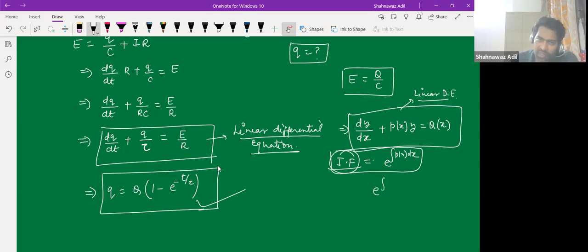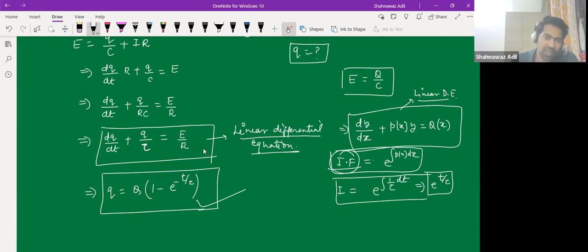P is 1 by tau, and integrating dt gives e to the power t by tau. You multiply it with both sides, and this becomes a complete differential equation.